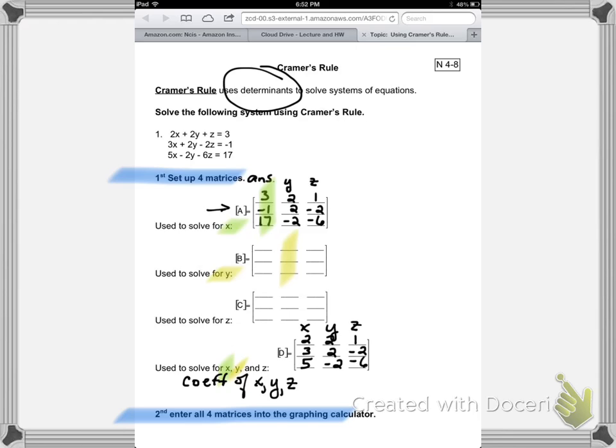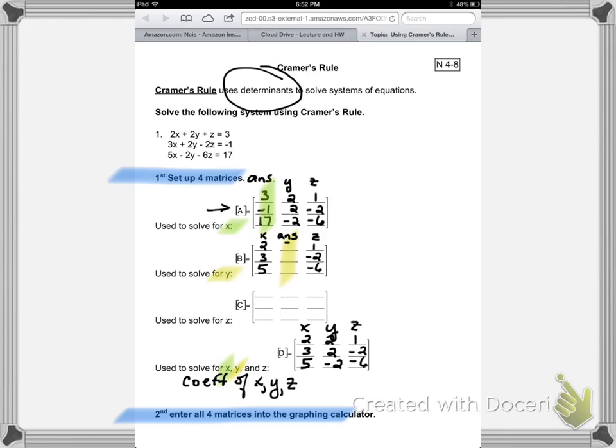And so X and Z are going to look exactly the same as they did in matrix D, but we're going to put our answers this time in our Y column. So comparing it to the coefficients of X, we're going to go in the X column, 2, 3, and 5. And the coefficients of Z are going to go in the Z column, 1, -2, and -6.